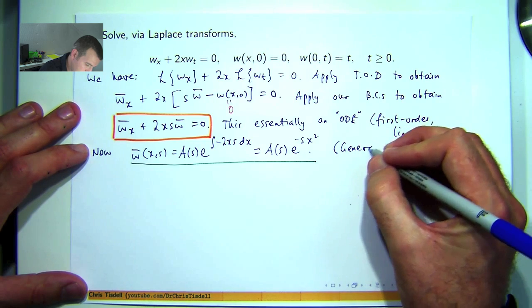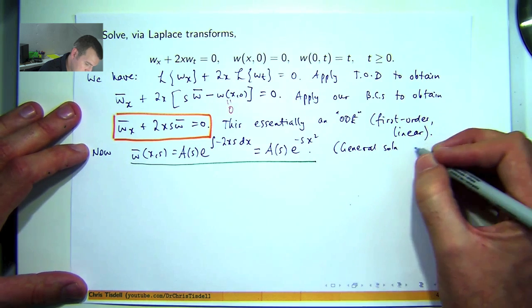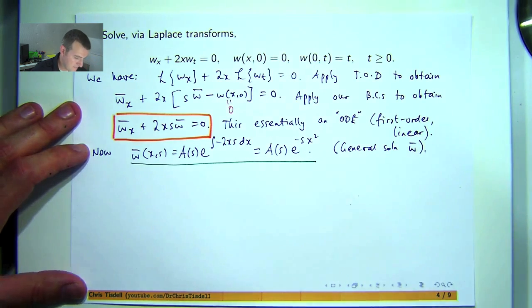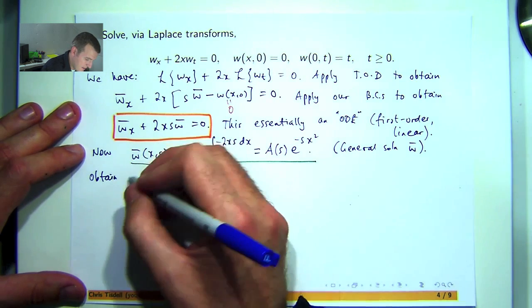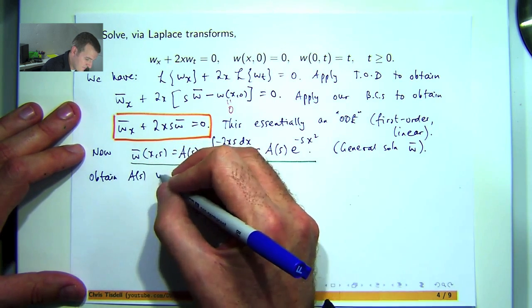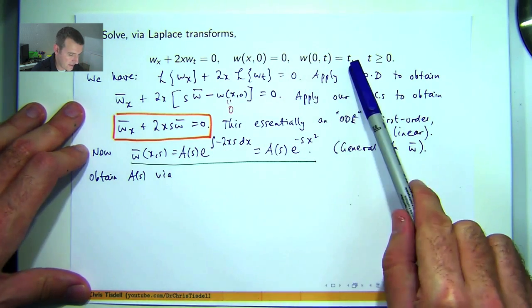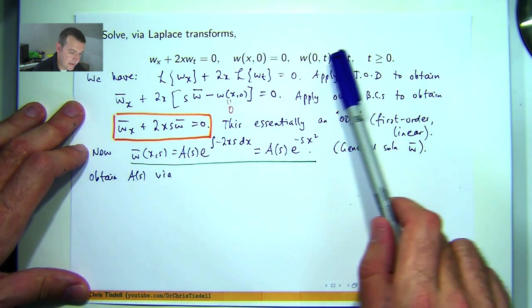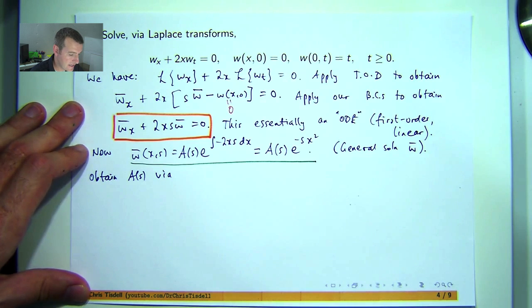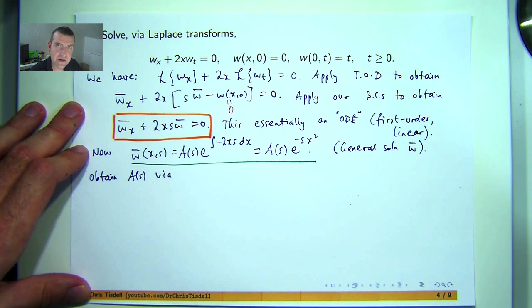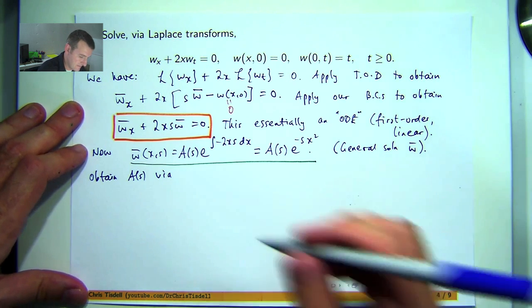This is the general solution, w bar. Okay, now let's obtain A of s by the following. Well, if I transform this, I'll get w bar of 0, s.